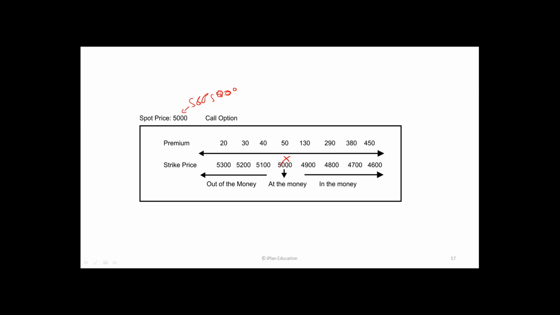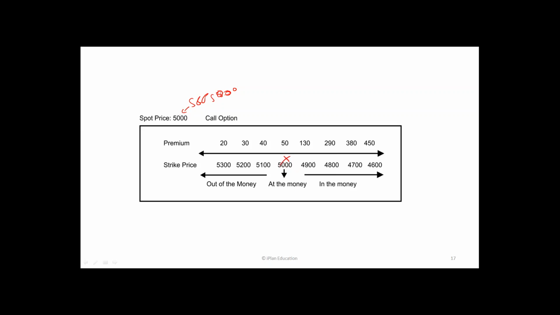That would be understood as the at the money call option. And if you're buying a call option cheaper than the market price, that would be understood as the in the money option contract. So if you're buying cheaper than the market, that is in the money.